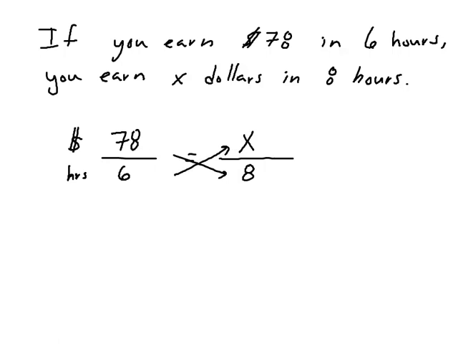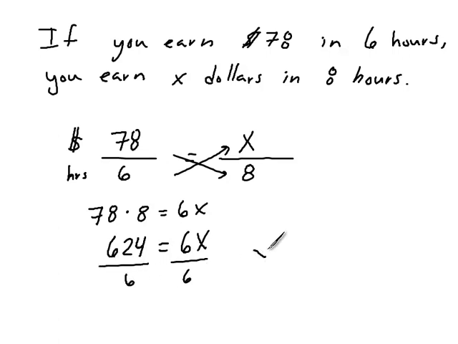So as we cross multiply, we have 78 times 8 equaling 6x. 78 times 8 is 624. And then we'll divide by 6. So x equals $104. So if you make $78 in 6 hours, if you work 8 hours, you will have $104.